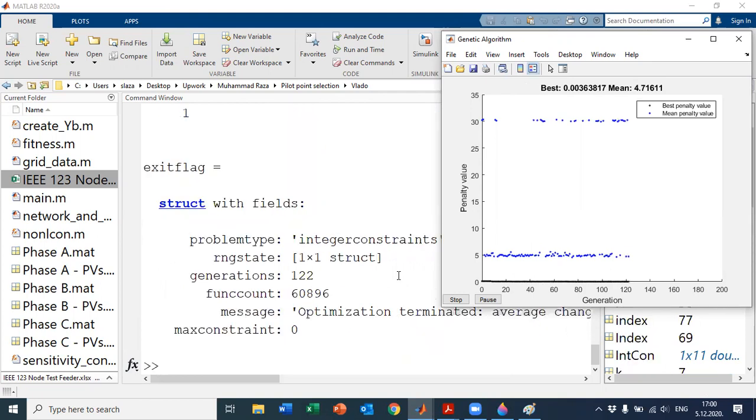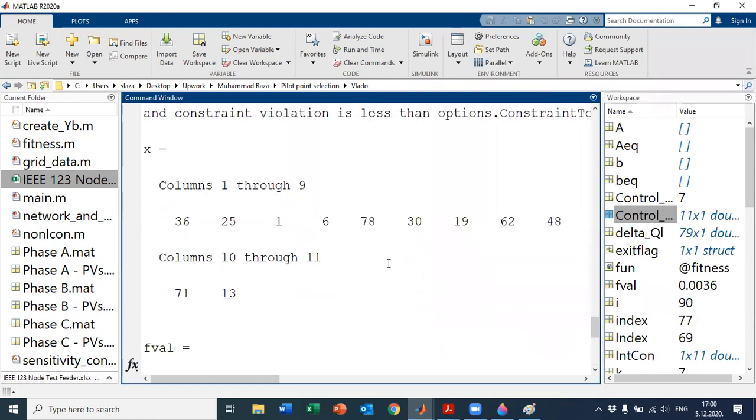So our algorithm converged, and it returned the combination of the pilot nodes which gives the best results. Pilot nodes 1, 6, 78 have been taken, and basically these nodes of the phase A should be selected as the pilot nodes.